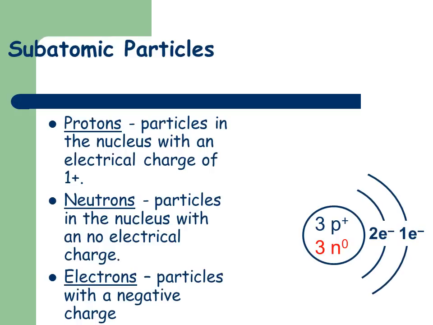Then you go to the second shell, because after the first shell is filled, then you move to the second shell. The first shell is filled at 2 electrons. The second shell is filled at 8 electrons, so you have 1e minus, that's 1 electron in that next shell. And that's referring to, this would be lithium, this particular picture here.